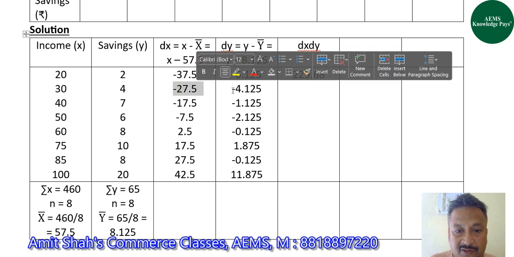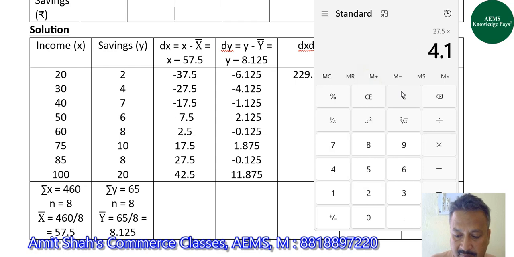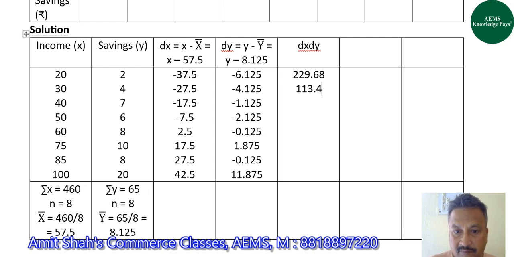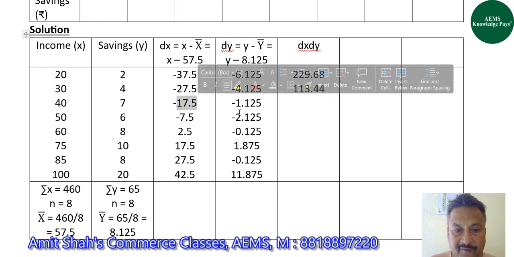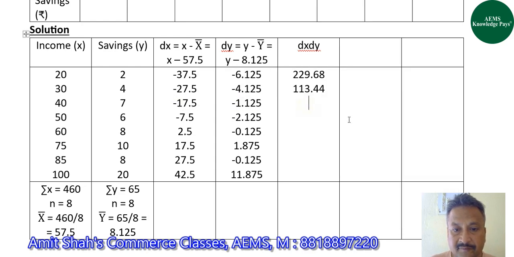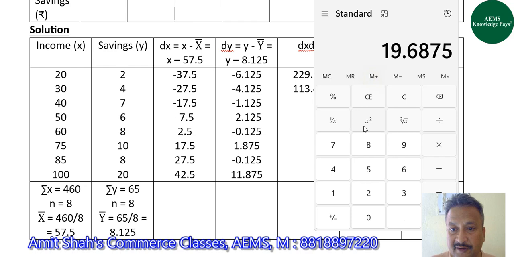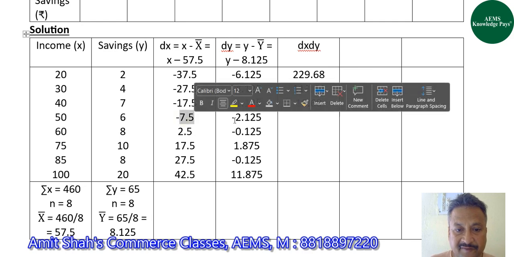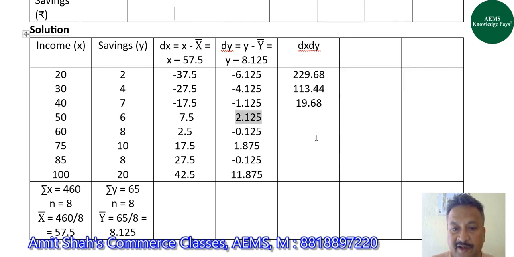Then minus 27.5 into minus 4.125, that is 113.44, again positive. Then 17.5 into 1.125 is 19.68. Then 7.5 and 2.125 is 15.94.